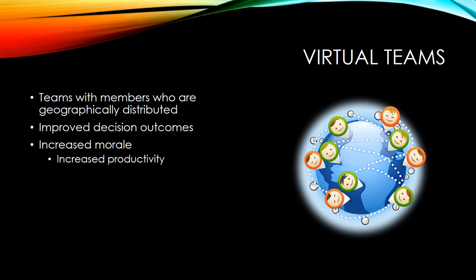Another aspect that gets affected when switching from a traditional model to a web-based model for decision support systems is the virtual team, which is a group of members all assigned to the same task or project, but all of these members are geographically distributed. So it's possible to have members all over the country, all over the world, working to accomplish the same task.